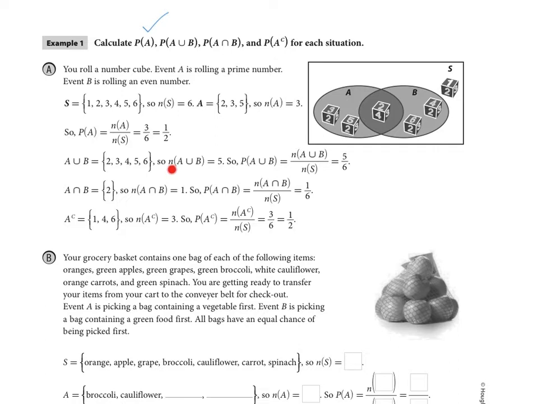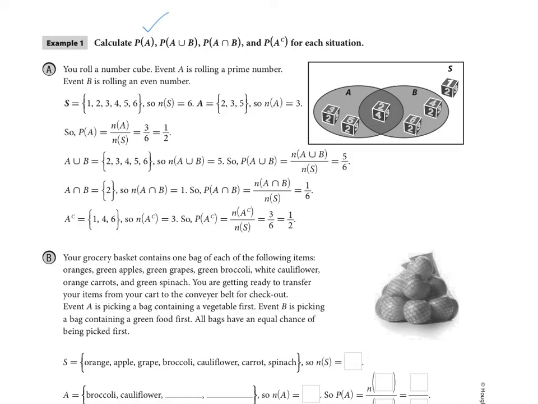So the union of those two sets has 5 items in it, and so the probability of the union of those two events, which means either rolling a prime number or getting an even number, is how we would say that in words. We would say it is 5 items out of the total 6, or 5/6.